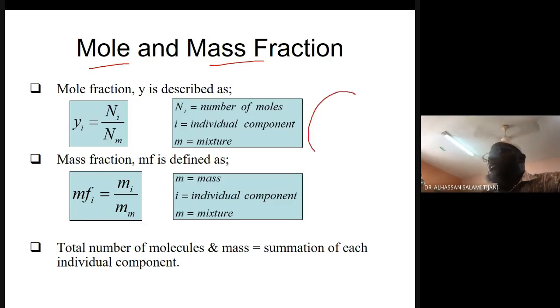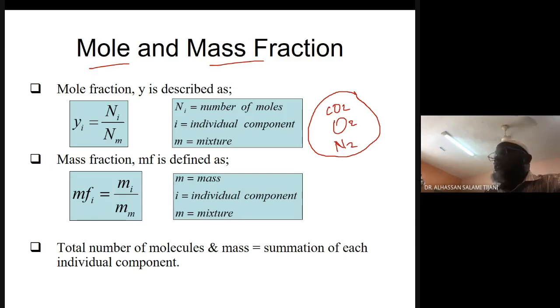So for example, let's say we have a thermodynamic system that contains a certain number of moles of carbon dioxide. It contains oxygen, it contains nitrogen as well.